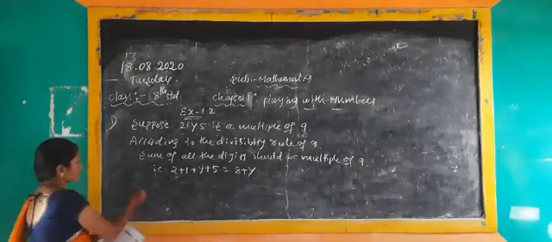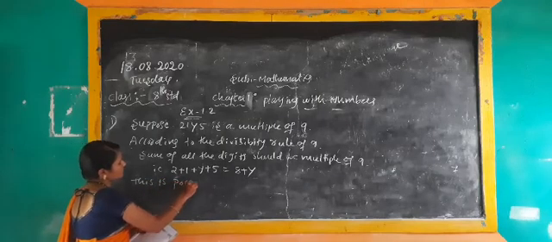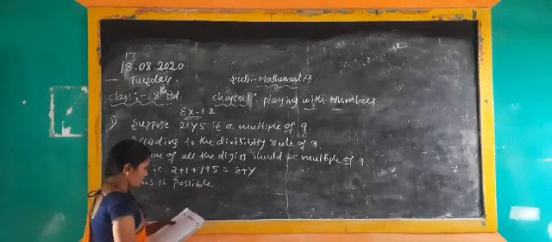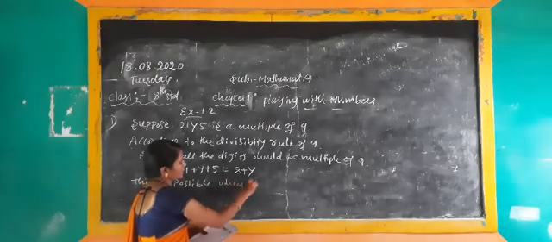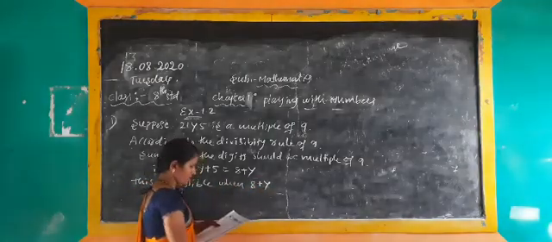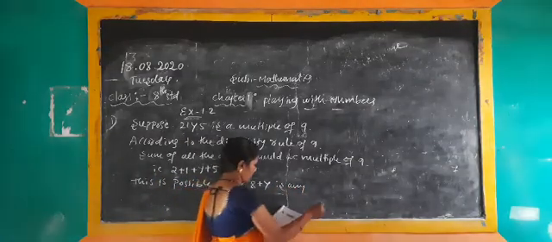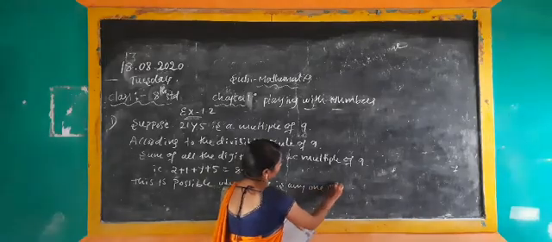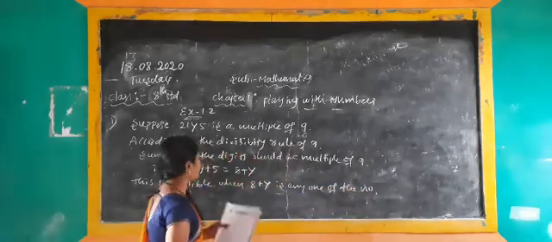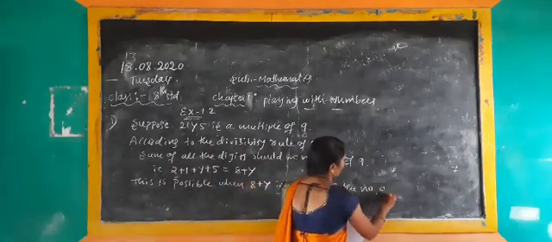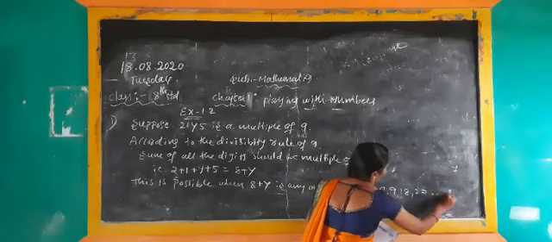Write down: this is possible when 8 plus y is any one of these numbers. Which numbers? 0, 9, the multiples of 9, you should write 18, 27, and so on.